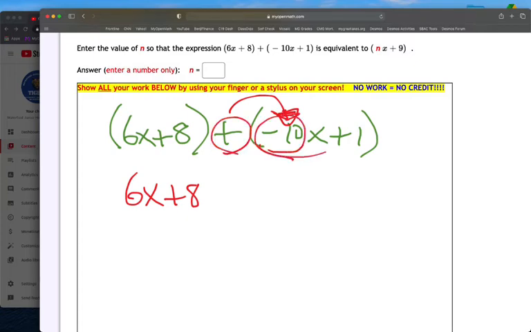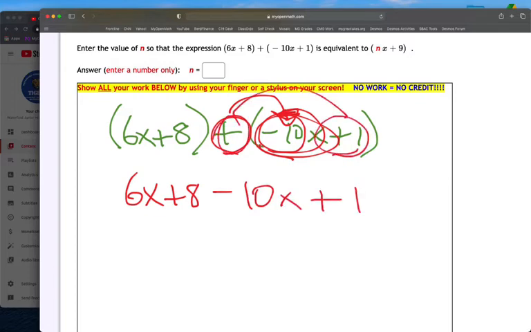So when we have a positive times a negative x, that's still negative 10x. And when we have a positive times a positive 1, that's still positive 1. So in a situation like that, you could just pretend like the parentheses are not there. Now, if there was a subtraction symbol in between those sets of parentheses, that would not be the case.